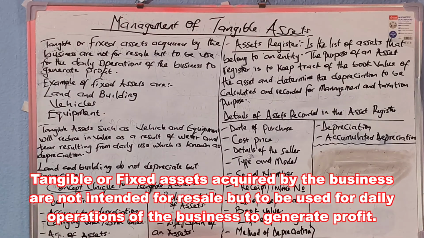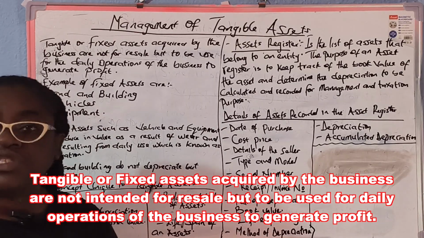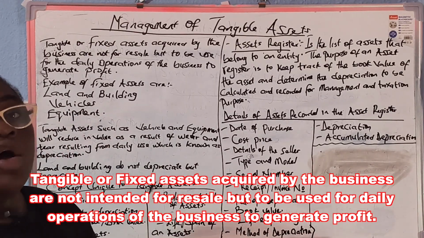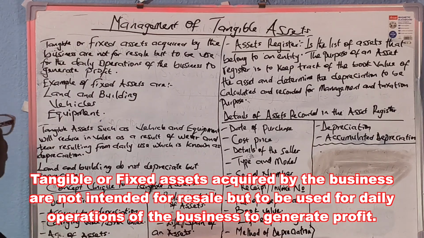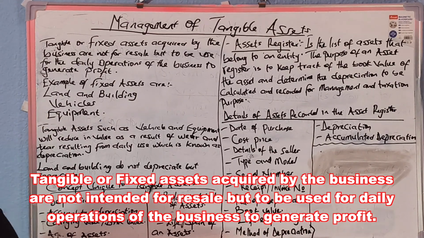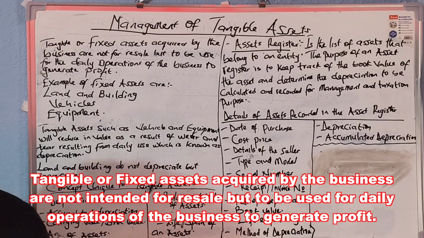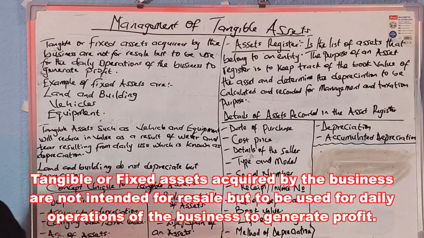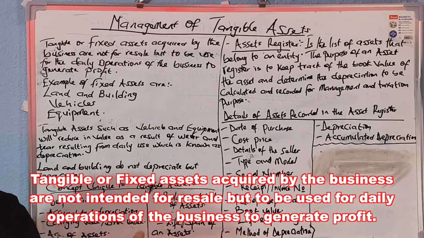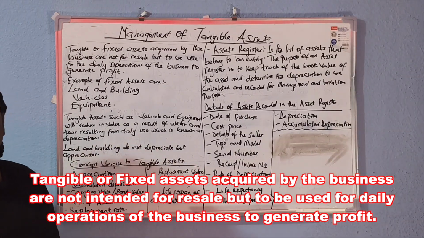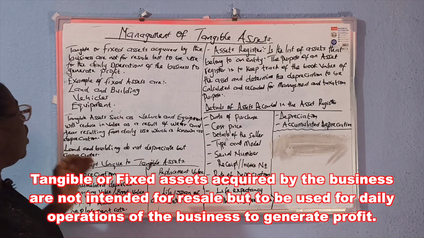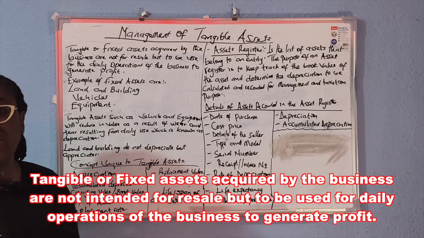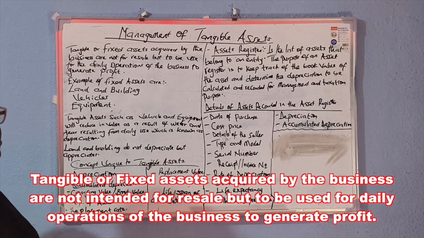They are assets acquired by the business not for resale, but for regular use and for the daily operation of the business in order for the business to generate profit. So when we talk of tangible assets, we say the business buys assets in order to generate what? Profit. So an asset is a form of investment.